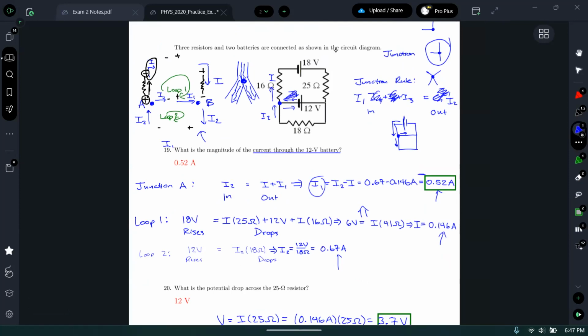I don't need to resolve. I know, and now I'm back to my original solution. So negatives, that is the only issue. And so you know that the current should have gone the other way. There is no resolve. You're still done once you get a negative current. You just now realize that the current went the other way in the first place.